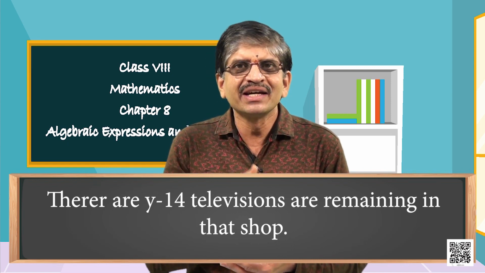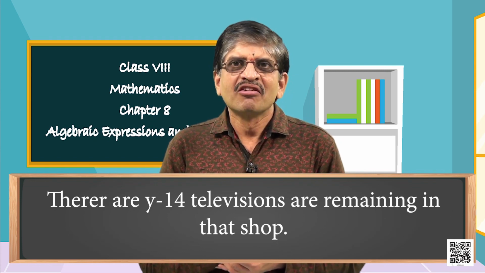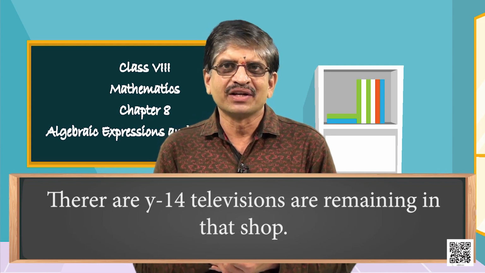How did you get this? Very good. By subtracting 14 from y, you got y minus 14. You know, this y minus 14 is called an algebraic expression which is formed with the variable y and the constant 14. Have you understood?